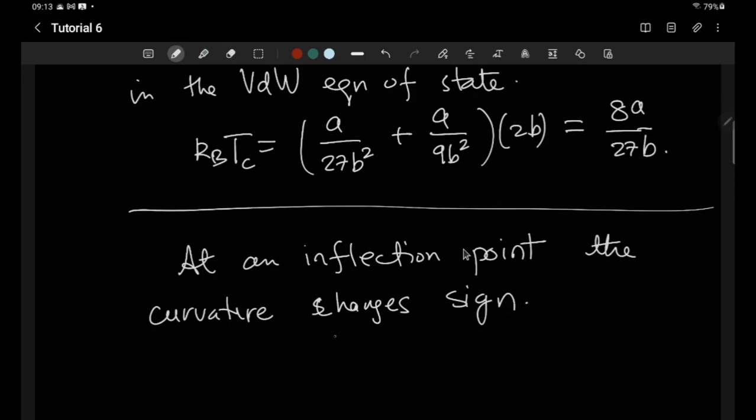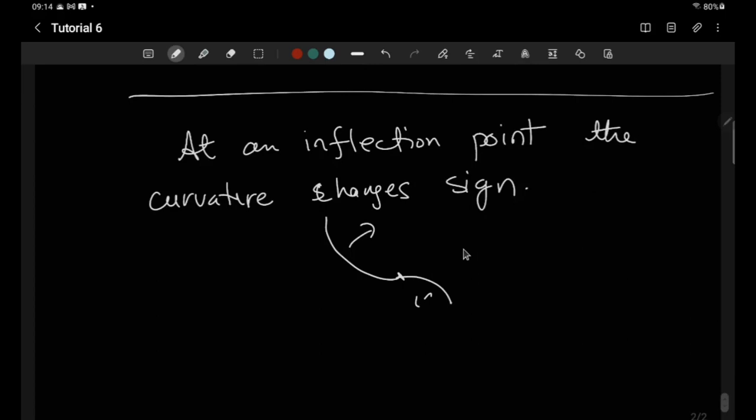If you have something which goes like this and then does something like this, this would be the point of inflection. This curvature is this way and this is that way. So that's what an inflection point is. In this case, if you look at the curve for T equal to Tc, you will find the inflection point, and that is defined to be the critical point.